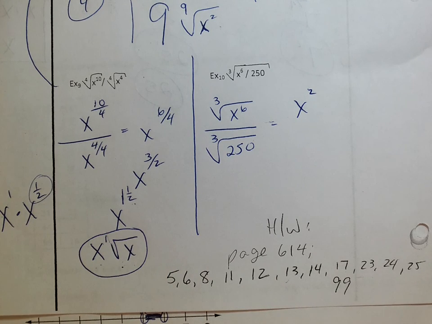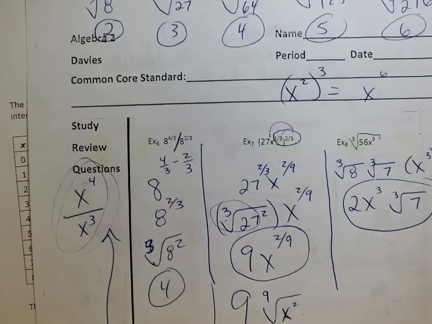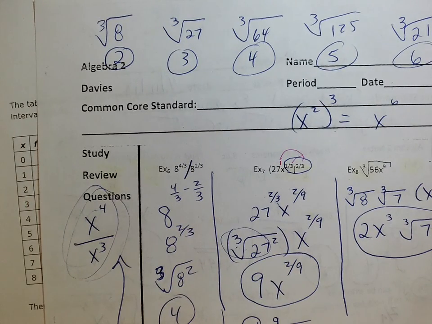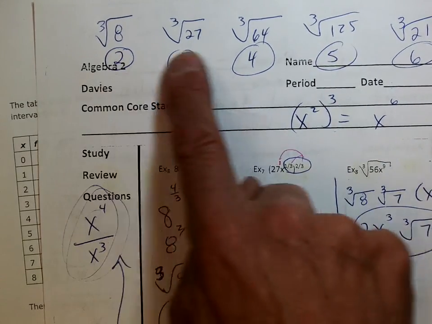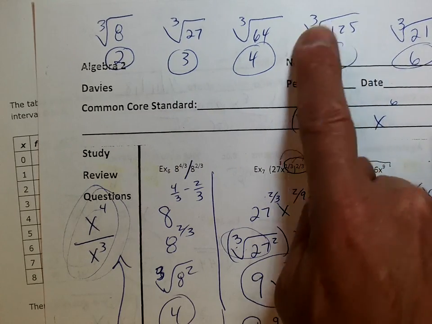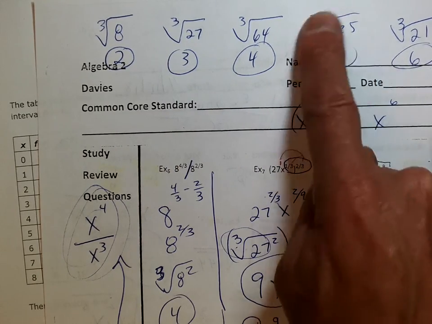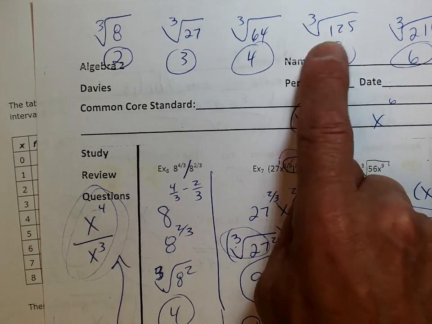Now, the denominator. Do you see any of these perfect cubes in 250? That's 2 times 125.